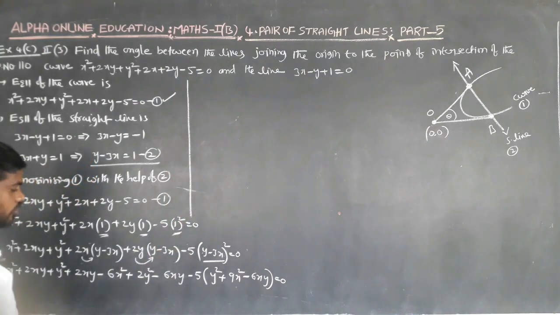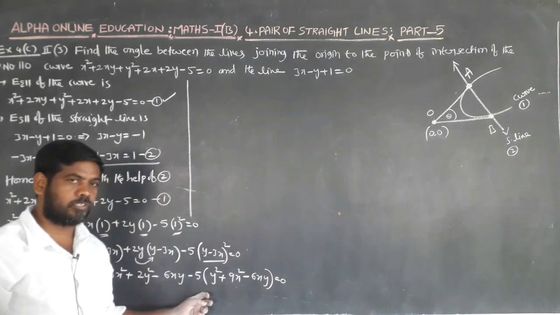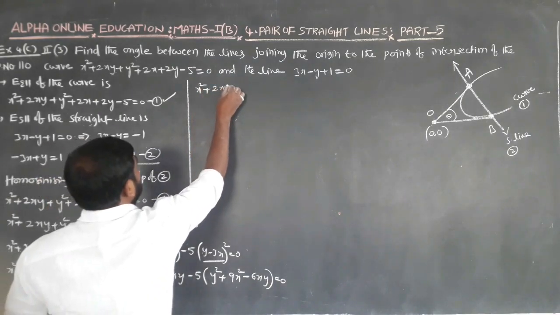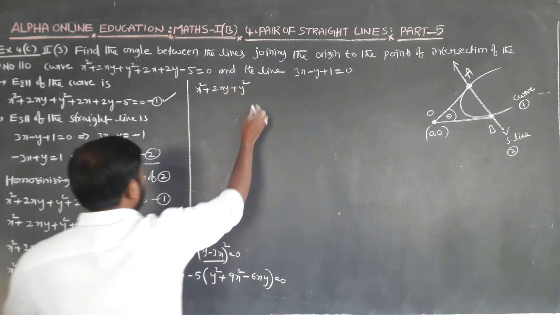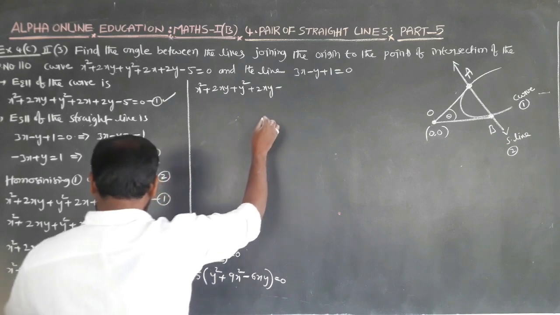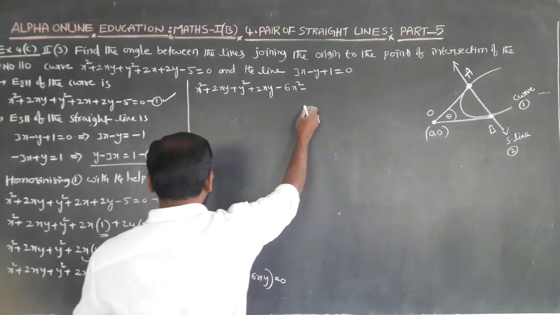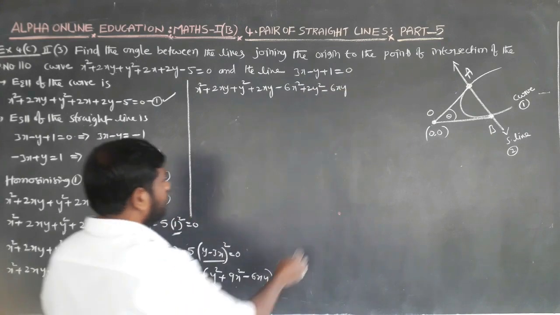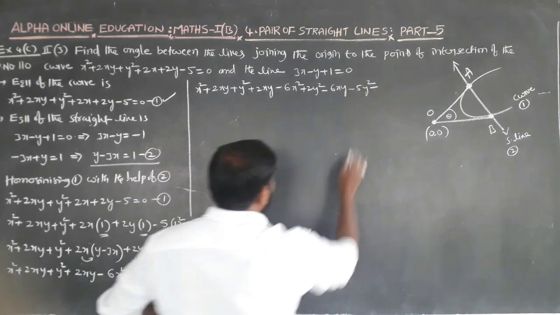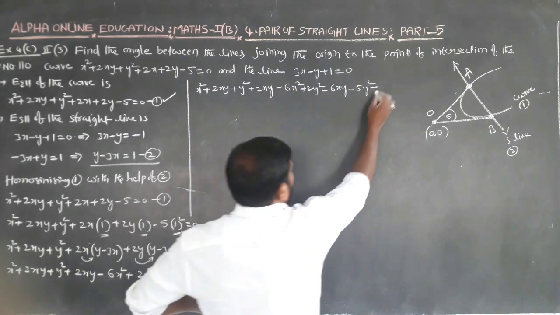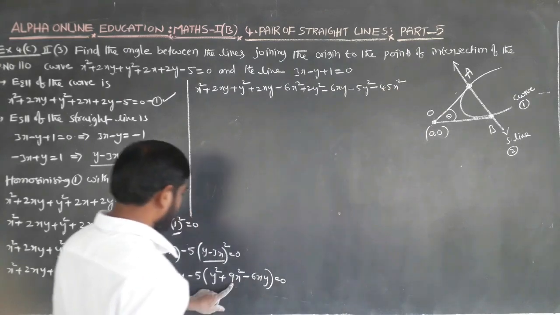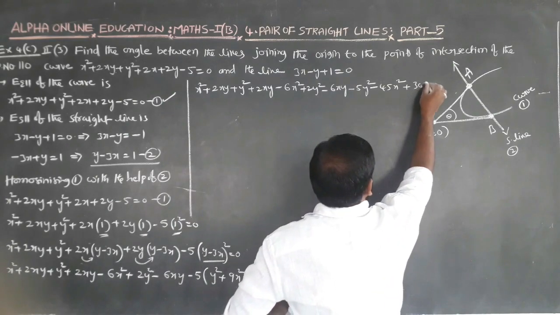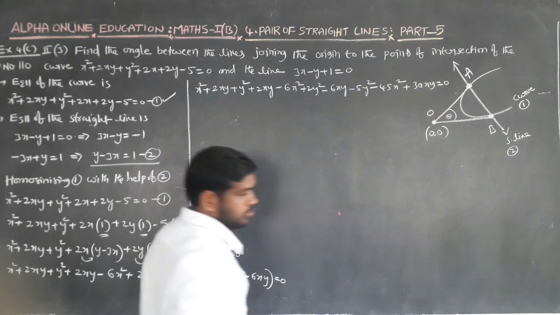Is equal to 0. This value totally multiply with minus 5. x square plus 2xy plus y square plus 2xy minus 6x square plus 2y square minus 6xy minus 5 into y square minus 5 into 9x square, 5 9s are 45, x square, minus into minus plus 5 6s are 30 xy is equal to 0.